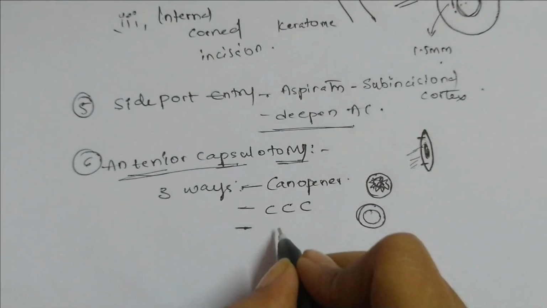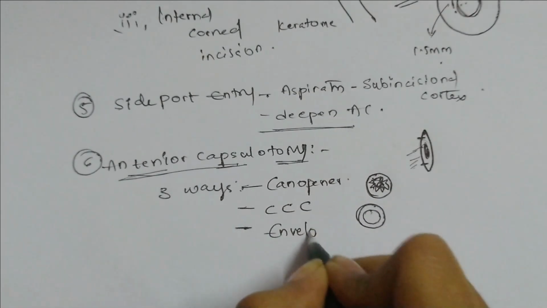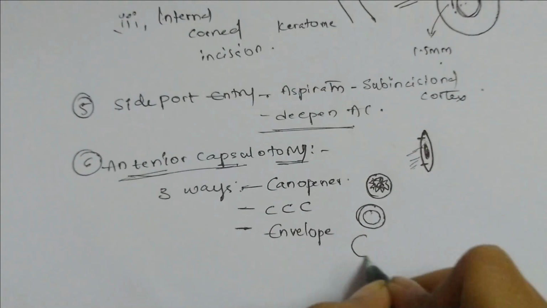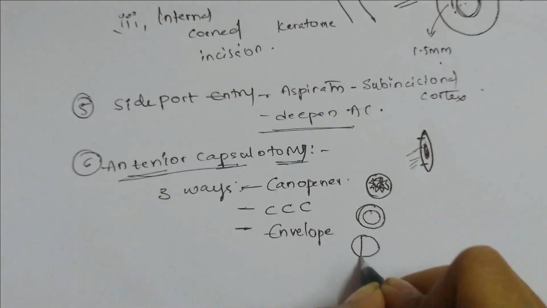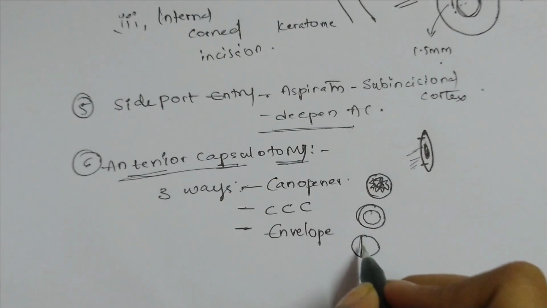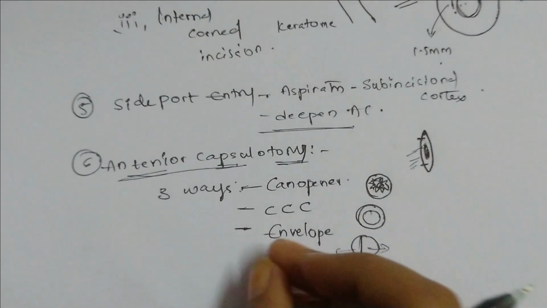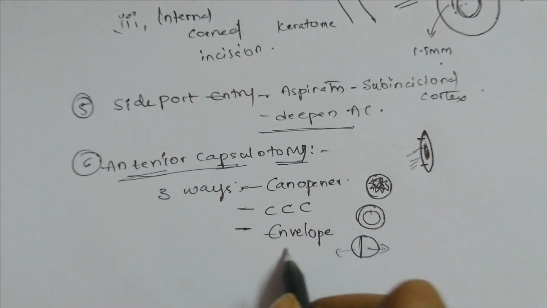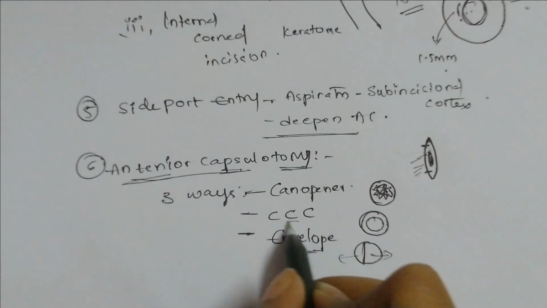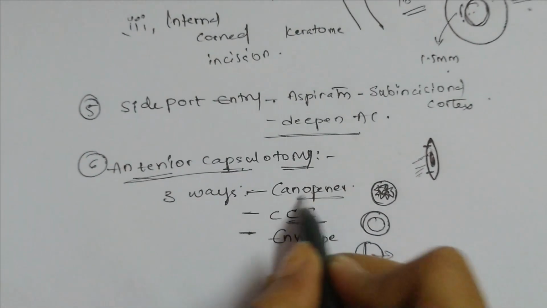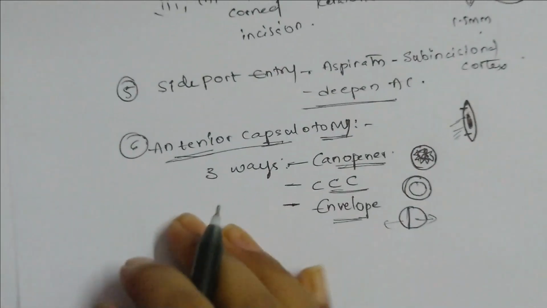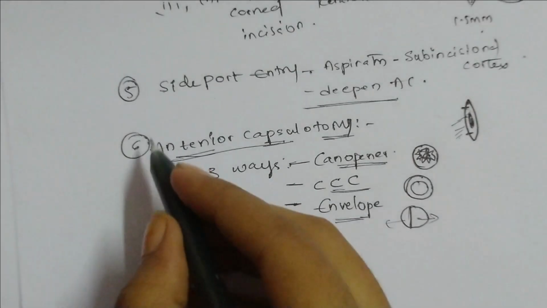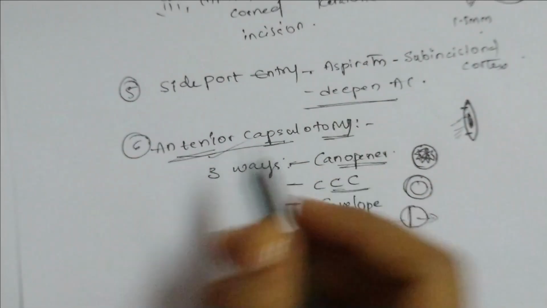And third one is the envelope technique. In this, a straight incision is given like this, and the capsule is removed in this way, like an envelope. So these are the envelope technique, continuous circular capsulorhexis, and can opener technique. So we have removed this anterior capsule.